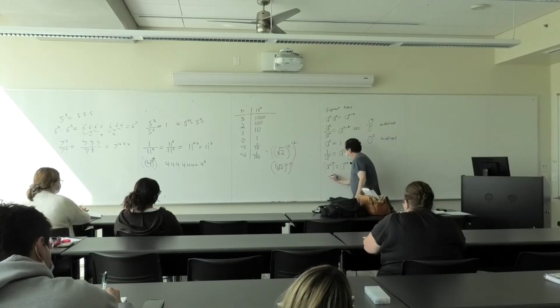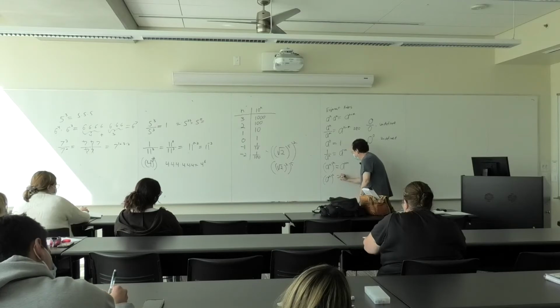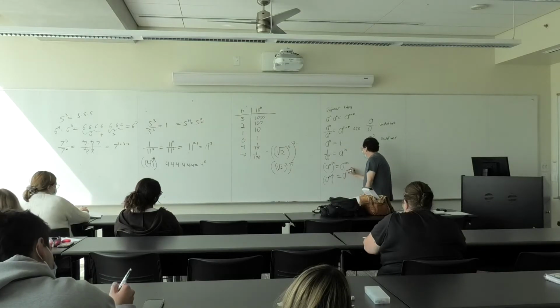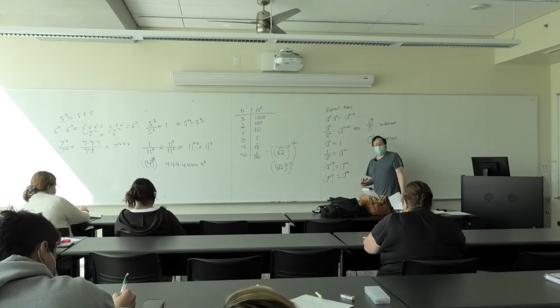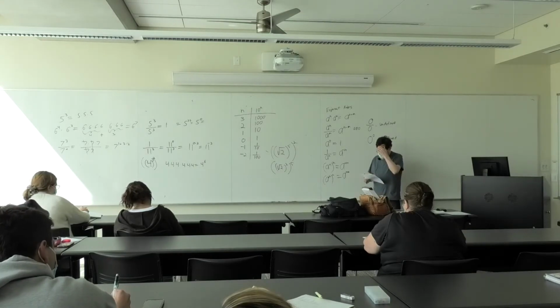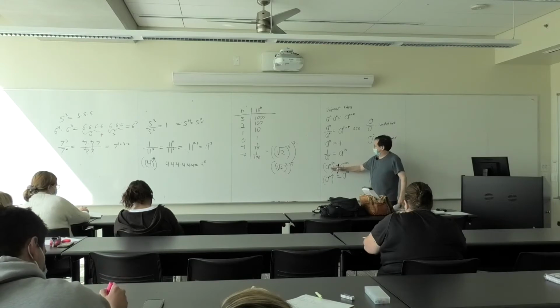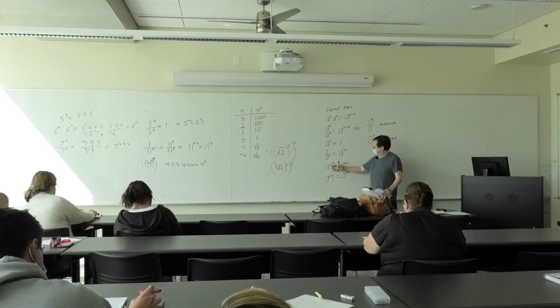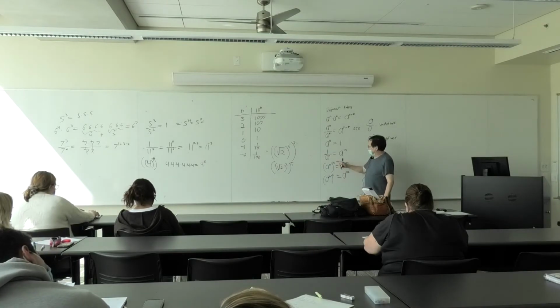If I wrote a to the m to the n, in other words, I switch them, it's now m times n, but that's the same as n times m. It's kind of a nice trick. So that's how to handle something raised to an exponent and then raised again. You can keep doing this too, right? A to the m, n, p, q, r, you just multiply them together.